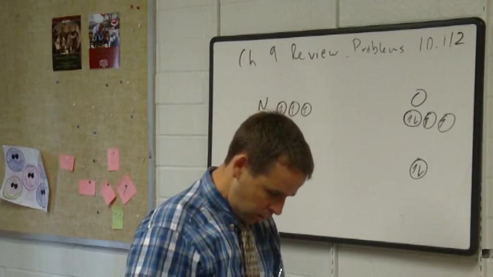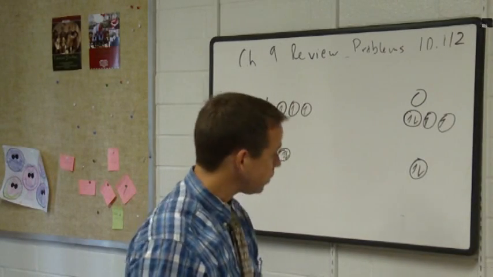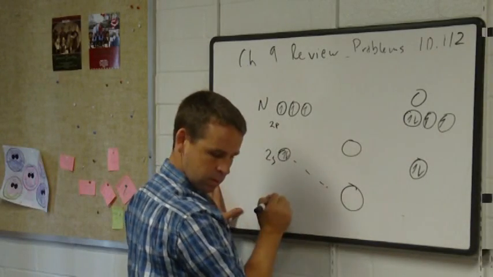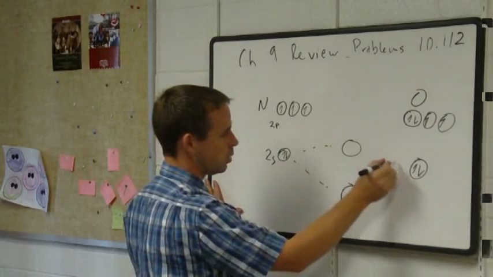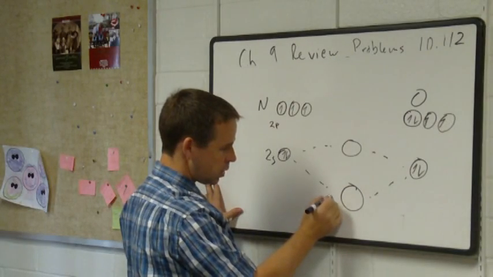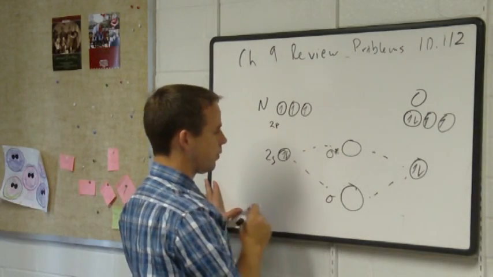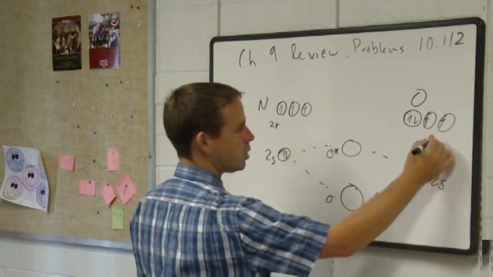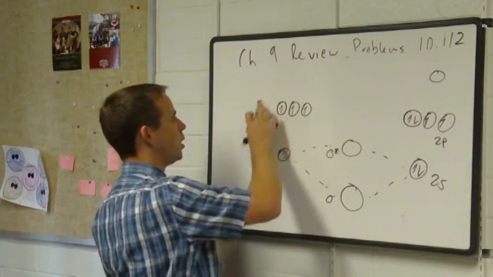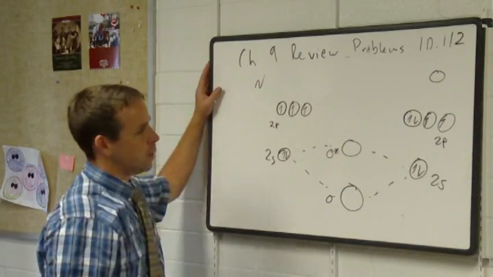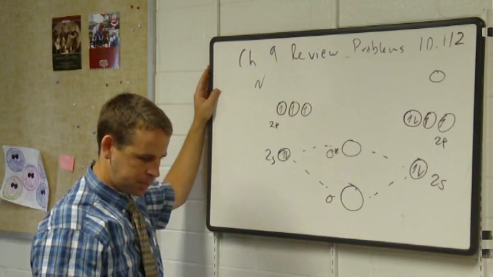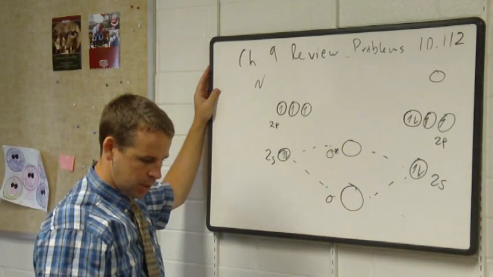Like that, right? So the two s orbitals will come together and form a bonding and an anti-bonding, right? So this is going to be our bonding sigma, and this is going to be our anti-bonding sigma. The s orbitals overlap. Then our p orbitals are going to come together.